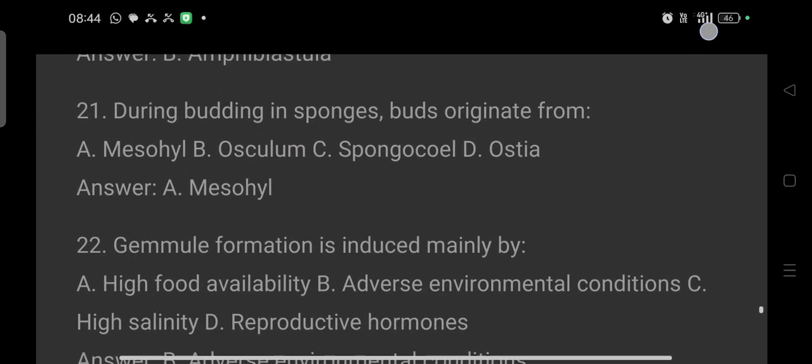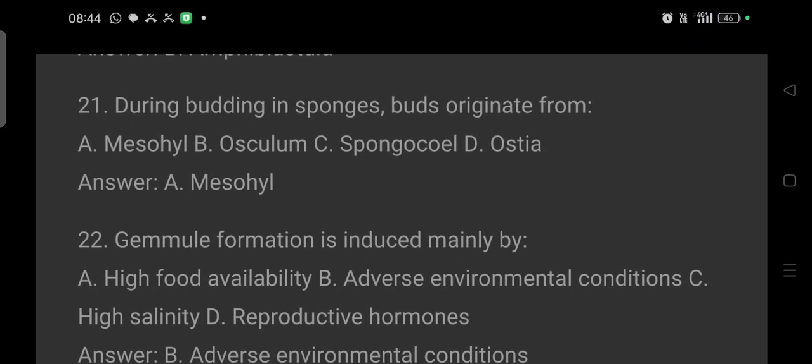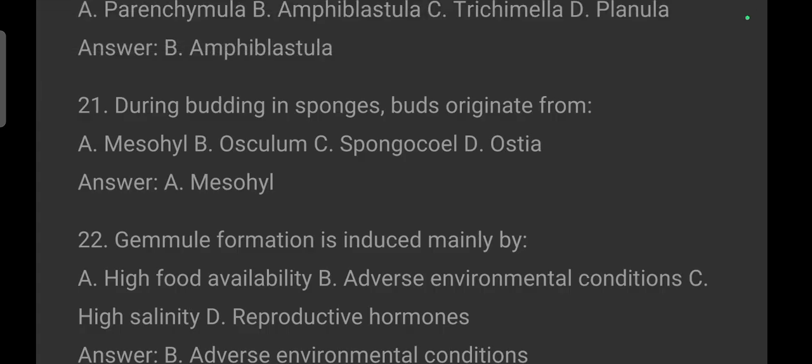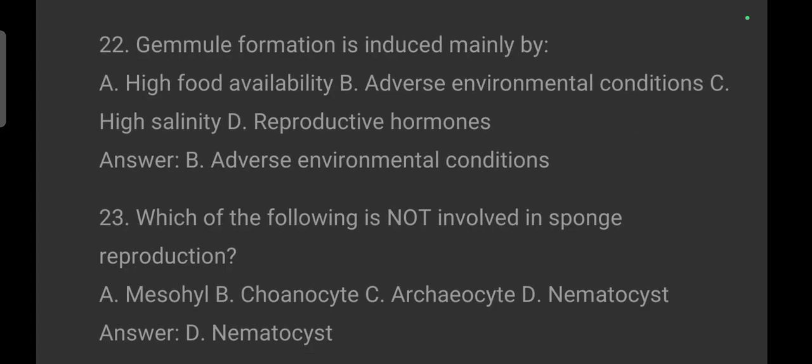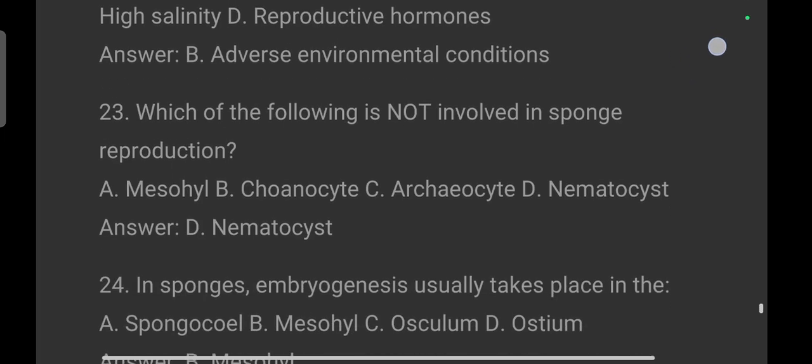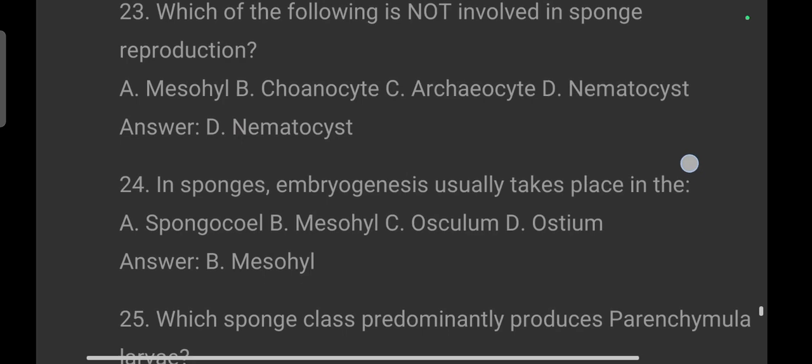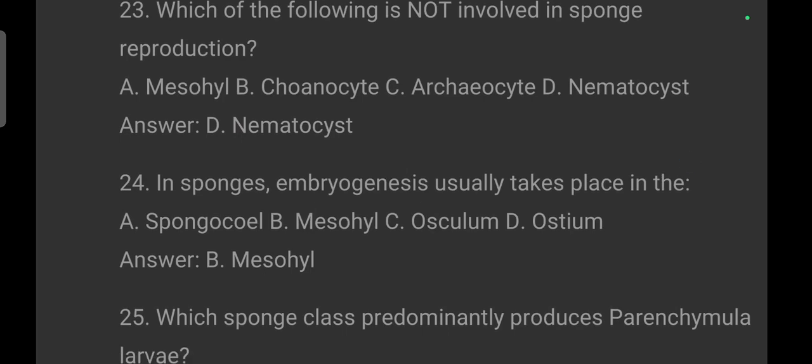During budding in sponges, buds originate from mesohyl, osculum, spongocoel, ostia. Answer is mesohyl. Gemmule formation is induced mainly by high food availability, adverse environmental condition, high salinity, reproductive hormone. Answer is adverse environmental condition. Which of the following is not involved in sponge reproduction?